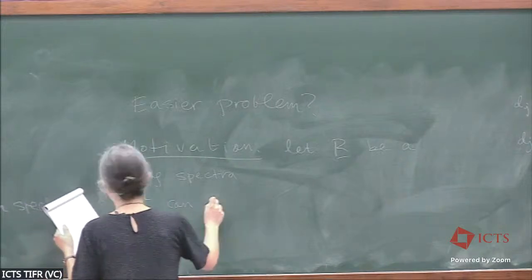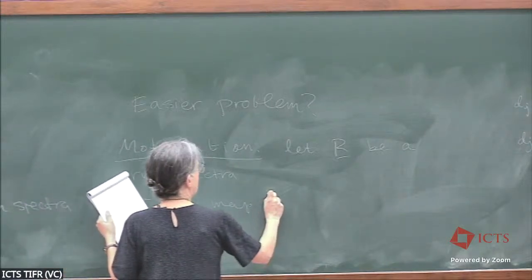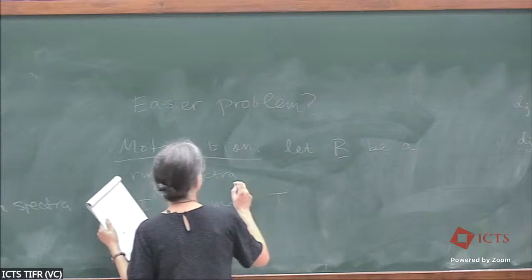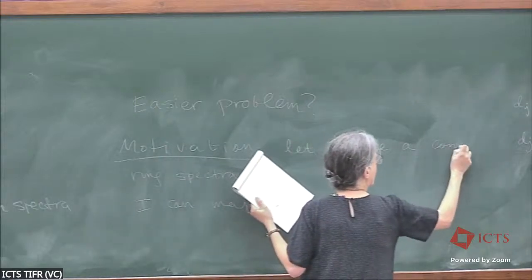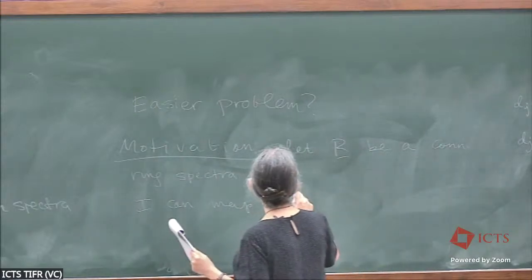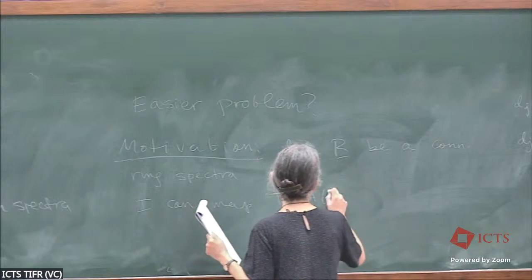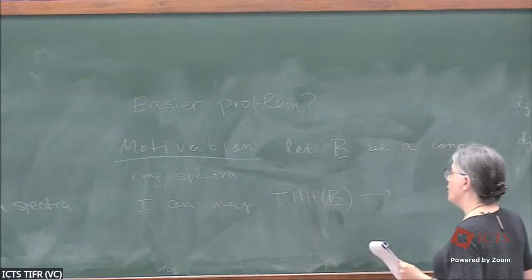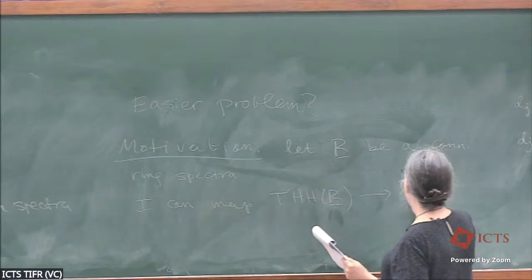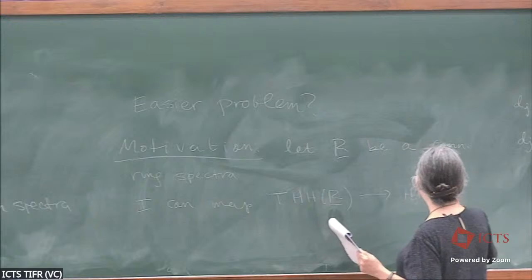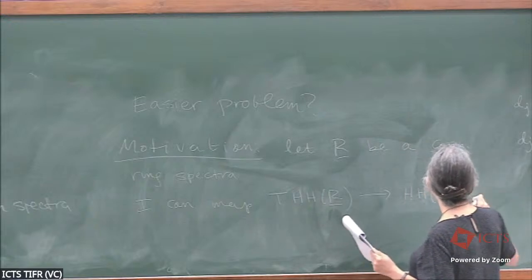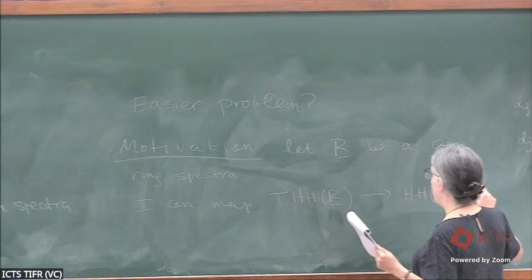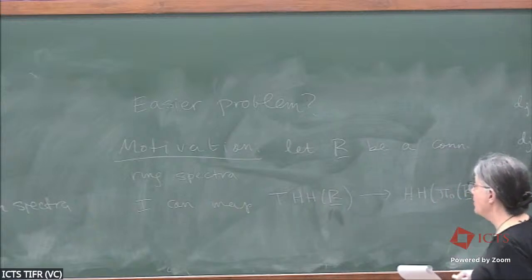I can map a connective ring spectrum, I can map THH R, the simplicial spectrum, into the simplicial abelian group HH of pi 0 R by linearization.